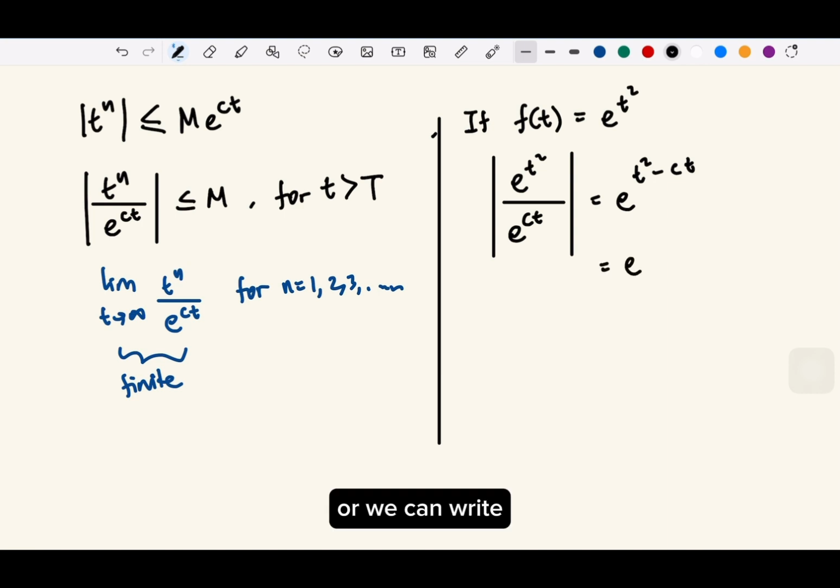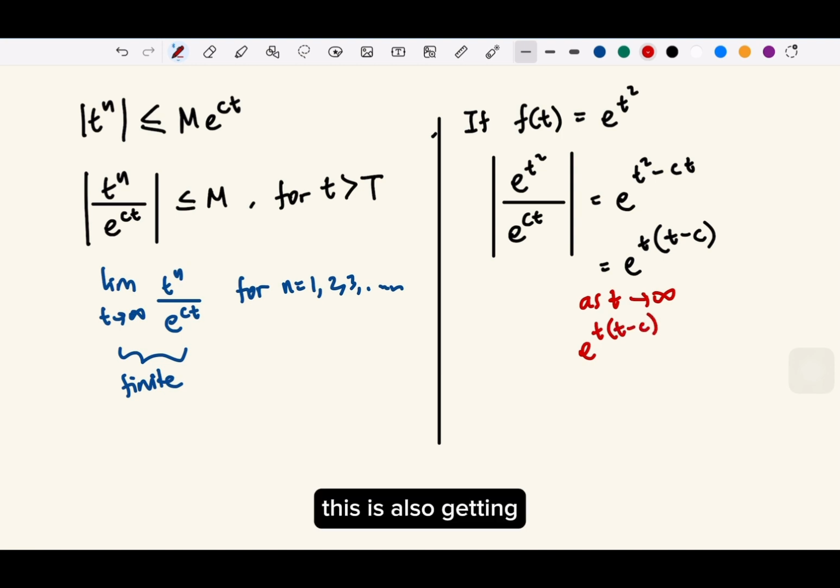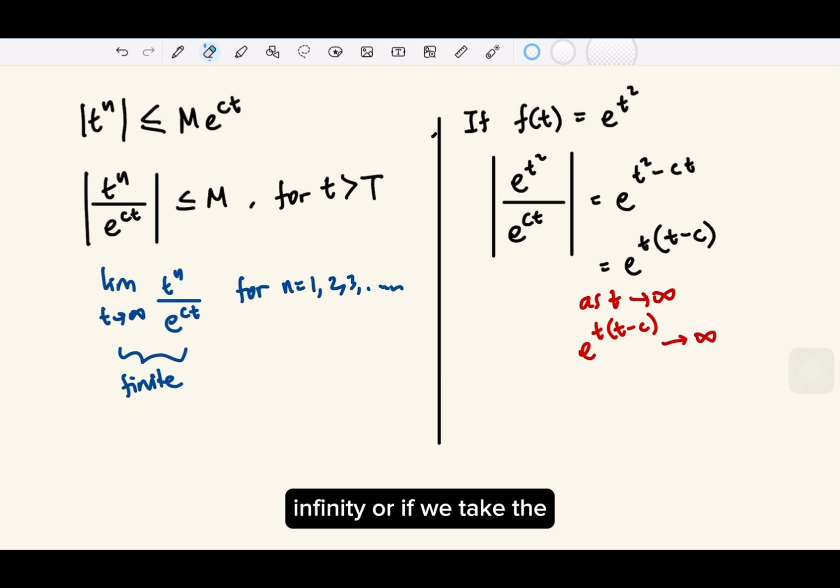As t goes to infinity, this is also getting to infinity.